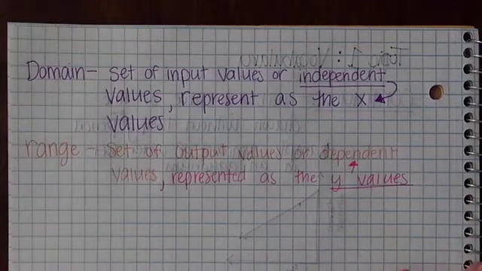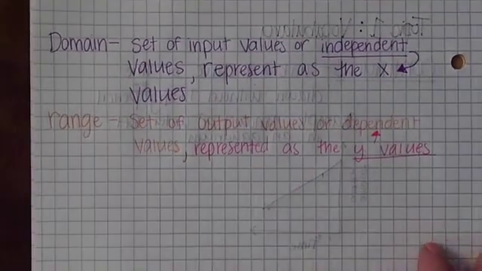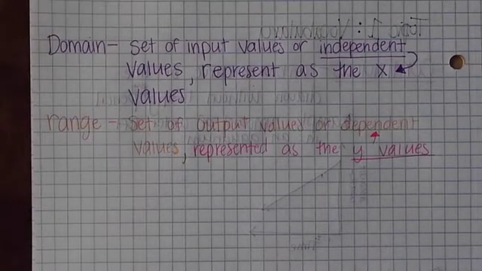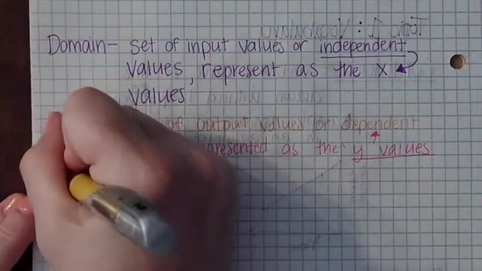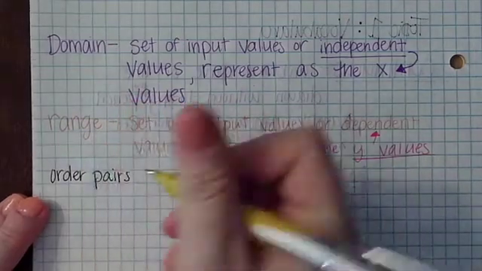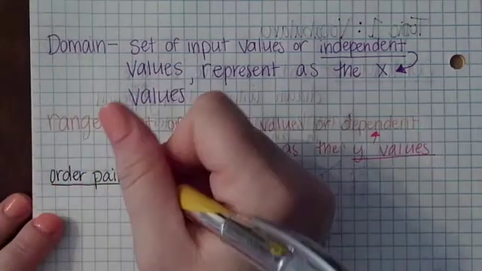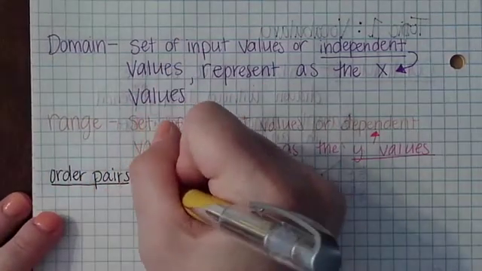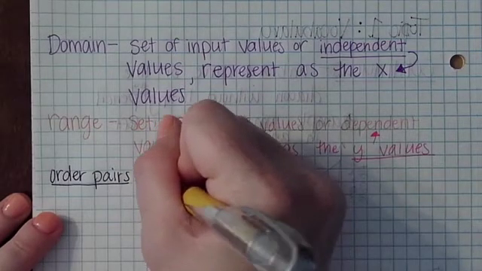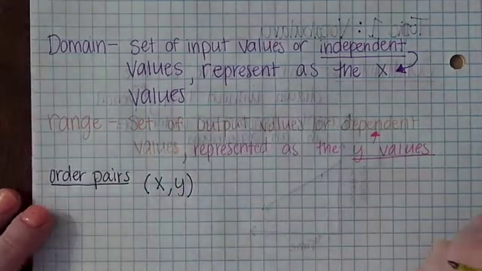Okay, so also in your notebook, I just want you to write a few examples of those things that we were just looking at. So we have ordered pairs, which is the xy coordinates.